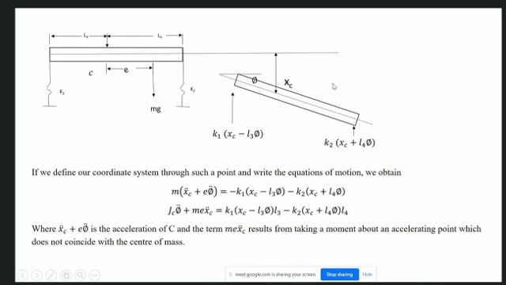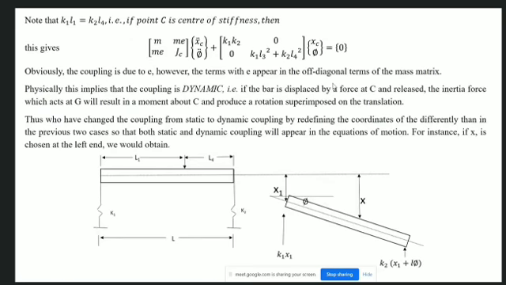Similarly, if K1L1 equal to K2L2, then it should be 0, and this should be L3. So this coupling is due to the shifting of the coordinate system by a distance e. And that occurs because the inertia force changes. Okay, so this is called dynamic coupling.